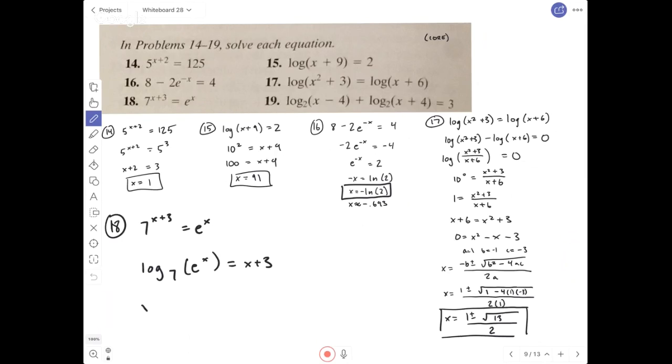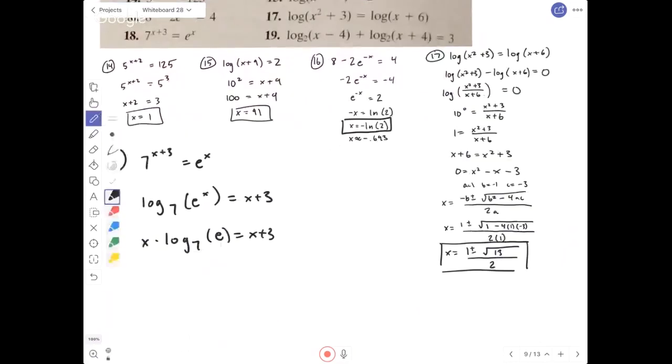So that means x times log base 7 of e equals x plus 3. And x times log base 7 of e minus x would equal 3. So x times log base 7 of e minus 1 would equal 3.